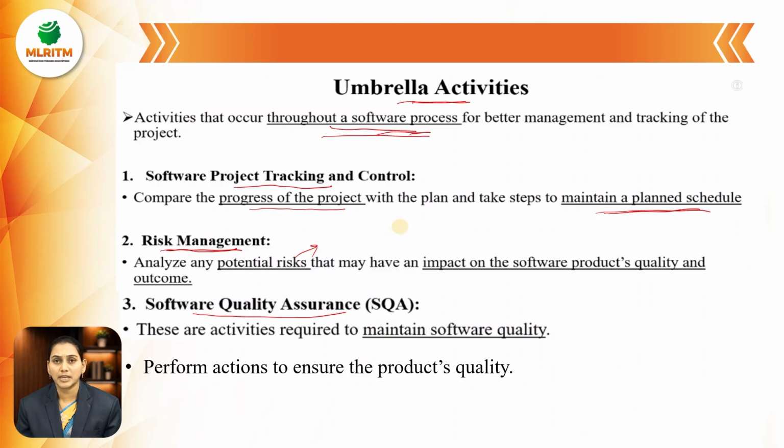All types of risk can be identified and analyzed, and solutions found, in the risk management system. After risk management, the third activity is software quality assurance, SQA.